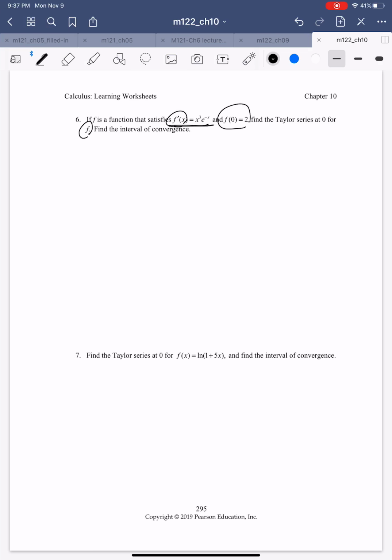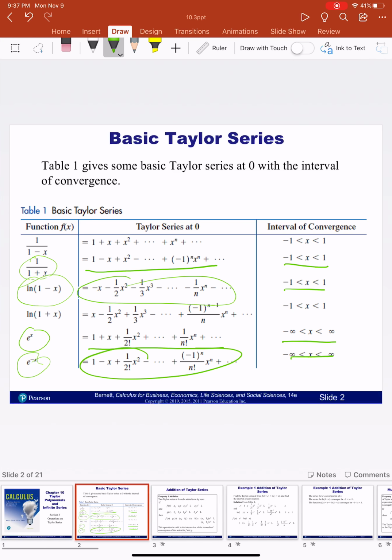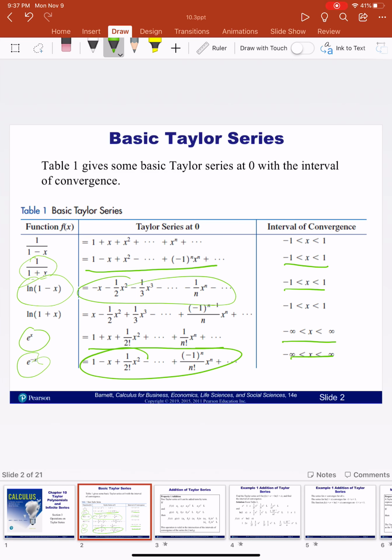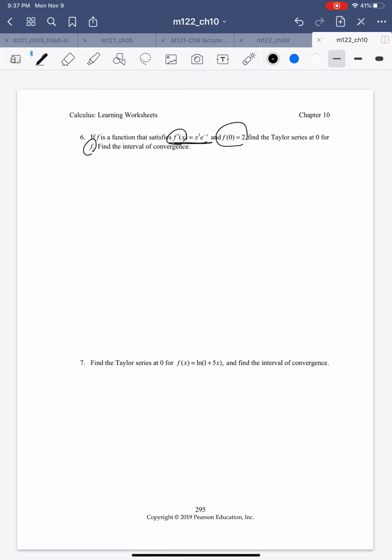So I like to also go over this. But let's take a look. What do we know from the chart? We know the x cubed function, and then we are given e to the negative x. I'm going to be using some properties here. This is a basic Taylor series, then just apply a little bit here.